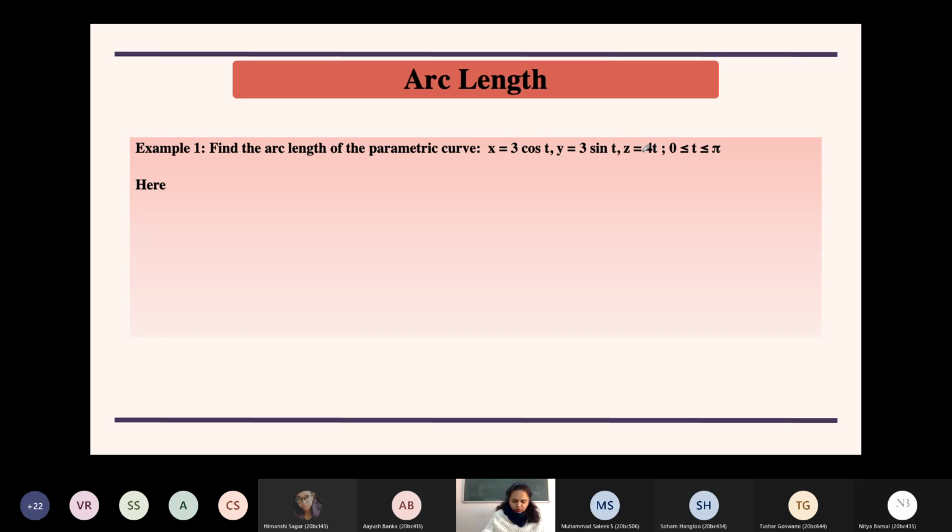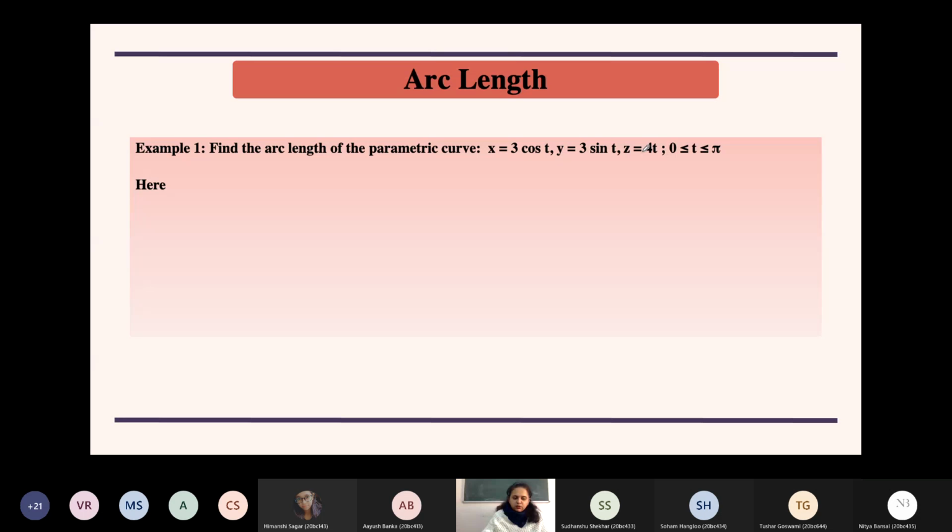Sudhanshu, I would like you to answer this question. I don't think the network is proper.